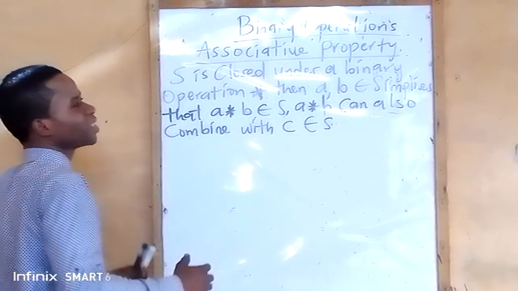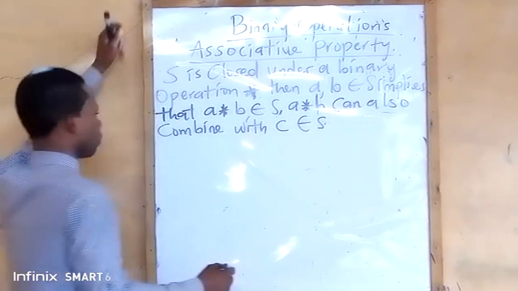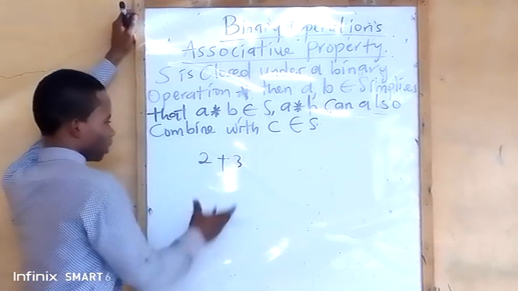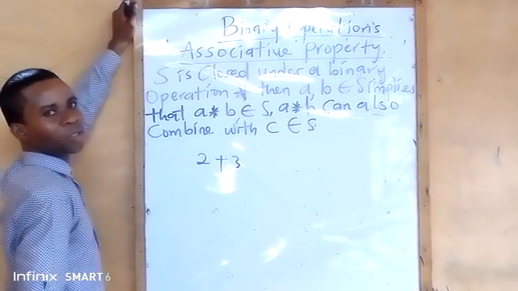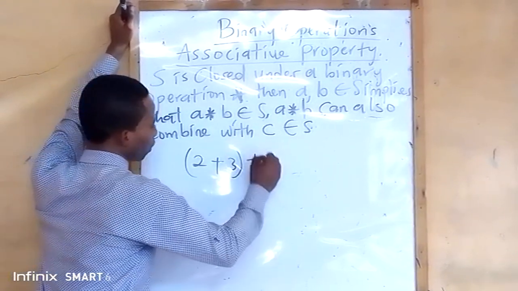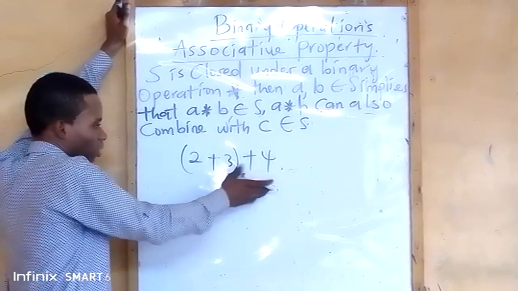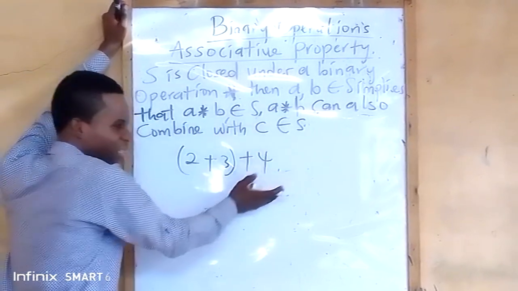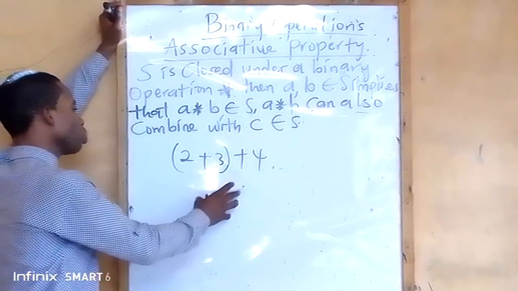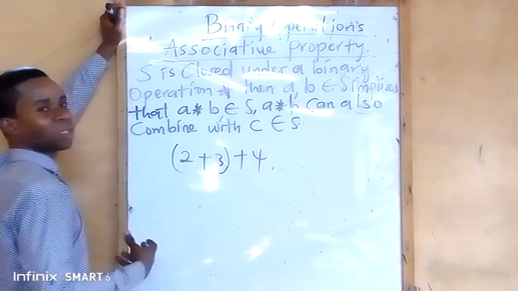When something is associative, like if I have 2 plus 3, I must be able to combine it with another number. Now, I must be able to write it like this and get the same answer for me to know that truly it is associative.